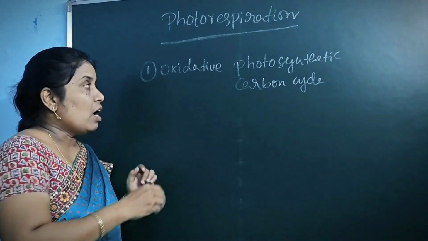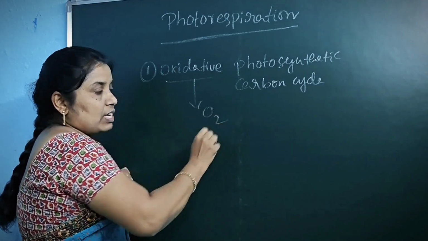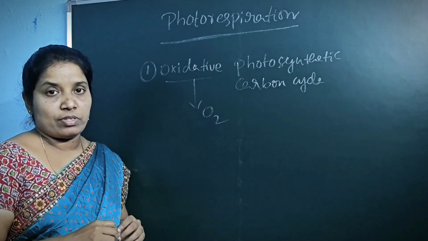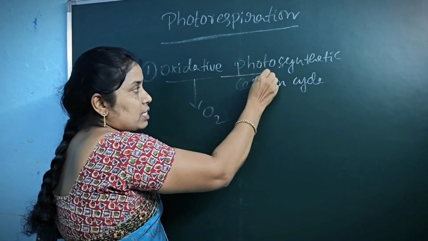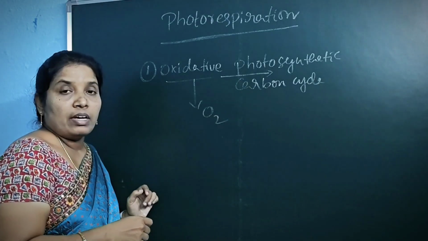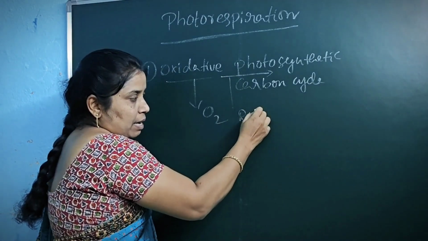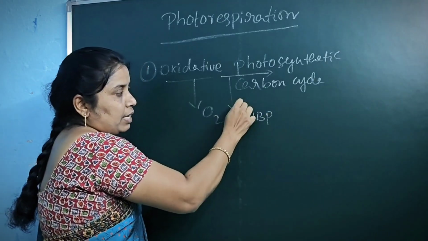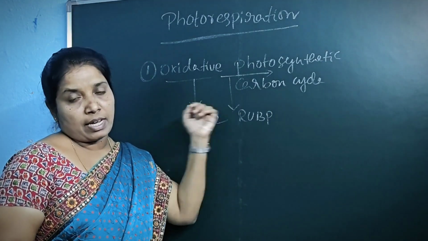Because here RuBP is going to fix the oxygen. That's why it is an oxidative process. Whereas it is also a photosynthetic process. Why? Because here the RuBP acts as a substrate. That's why it is a photosynthetic process. So it is also a carbon cycle.